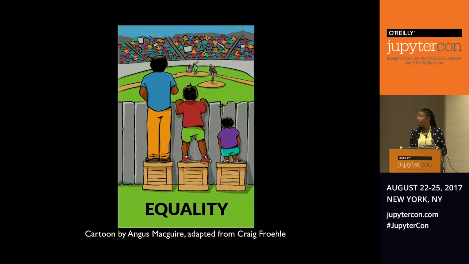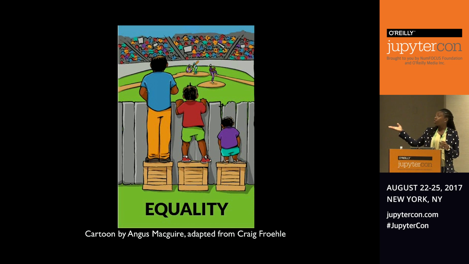You have these three individuals who are looking over this fence trying to view this baseball game, and it gives you the idea around equality and what it means. Equality is about sameness, right? It's about giving everyone the same thing. But the difference between equality and equity is, what do you see in this picture?